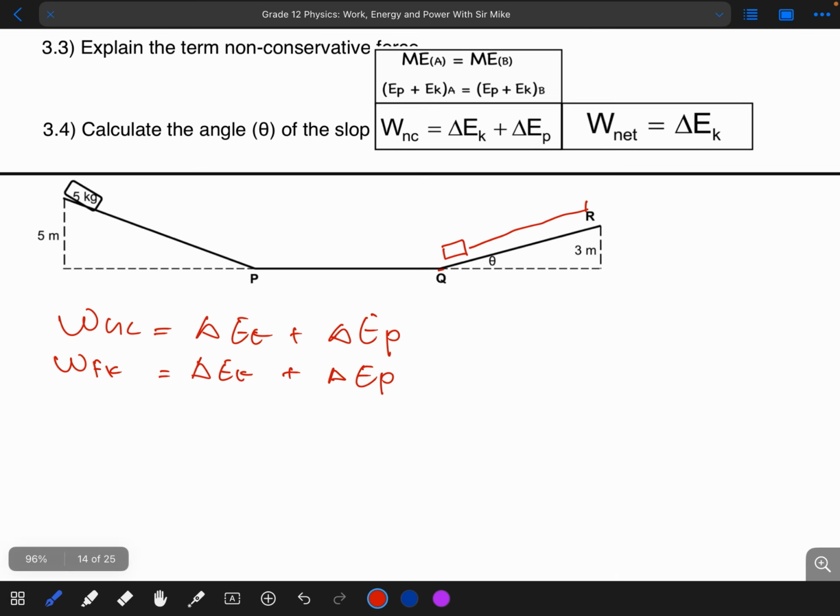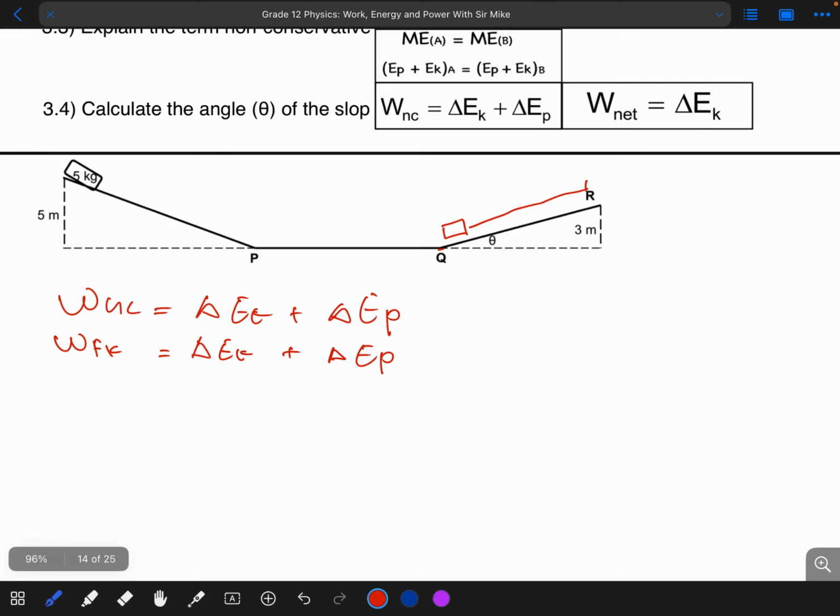If we expand this, remember that to calculate work, we say work is equal to Fk multiplied by delta x multiplied by cos of theta, which is equal to the change in the object's kinetic energy.